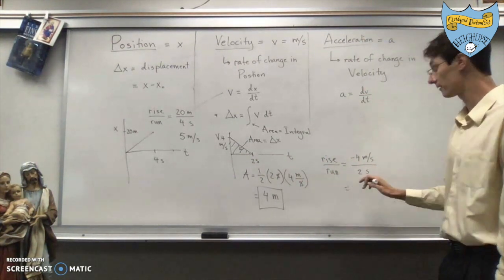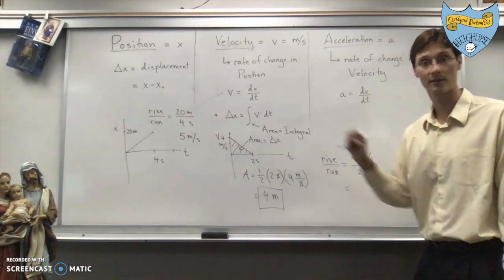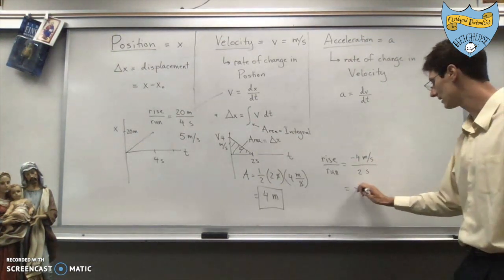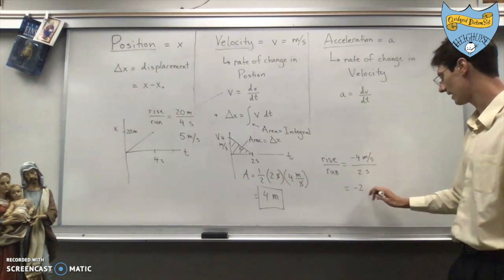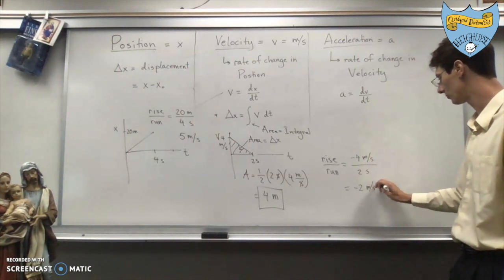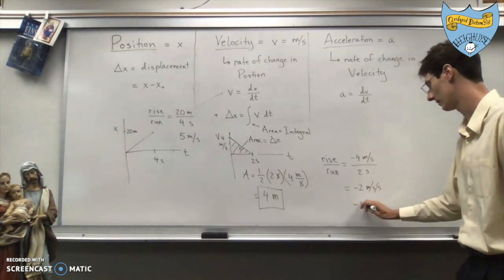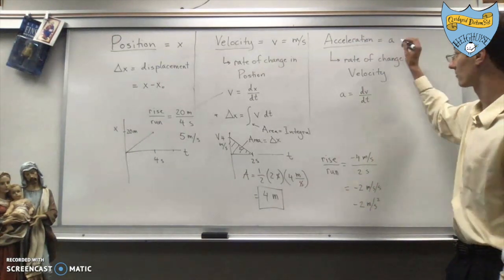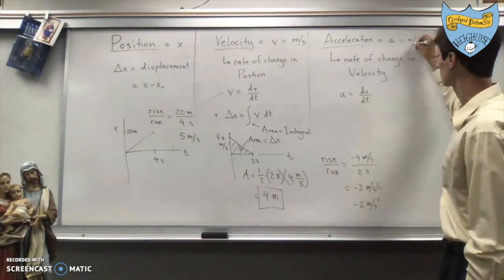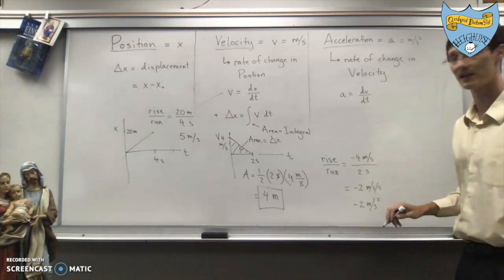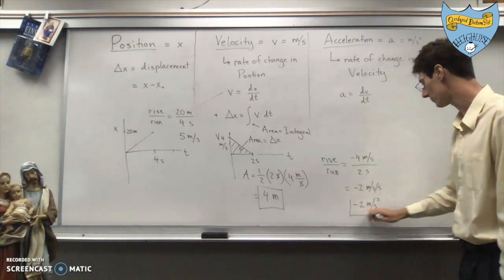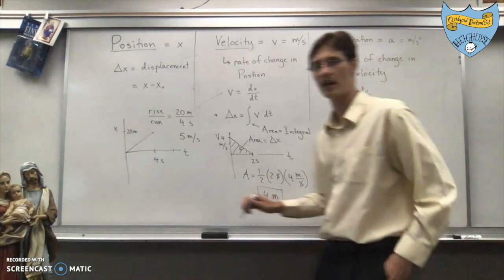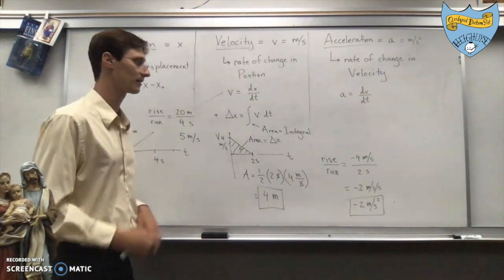So therefore, the slope of this segment here is going to be -2 meters per second, or if you prefer a more compact terminology, -2 meters per second squared, and those were the units that we said we always use for acceleration, because it tells you meters per second, the rate of change in the velocity of the object.